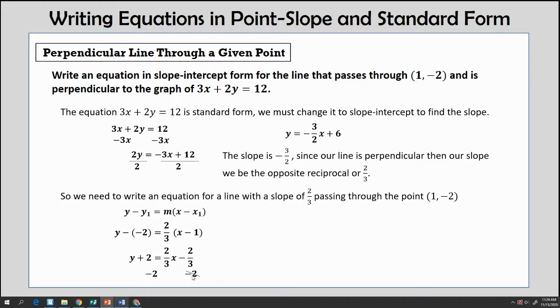If you want to get creative here and do it without a calculator, negative 2 is the same thing as negative 6/3. If you divide negative 6 by 3, it's negative 2. This gives me common denominators, and I wind up with y equals 2/3 x minus 8/3. Negative 2/3 and negative 6/3 is negative 8/3. So that's a simplified answer there for perpendicular through a given point.